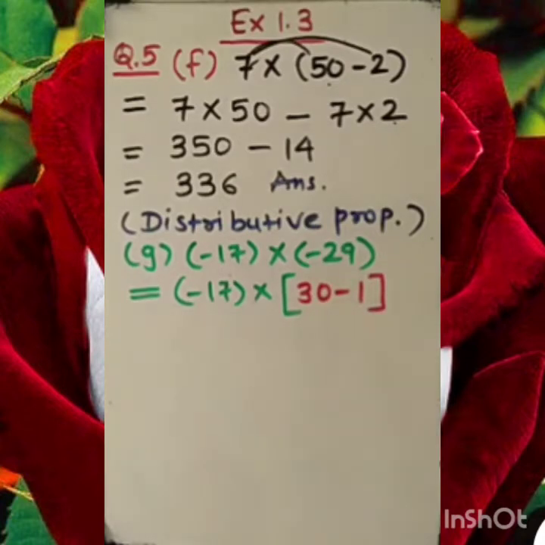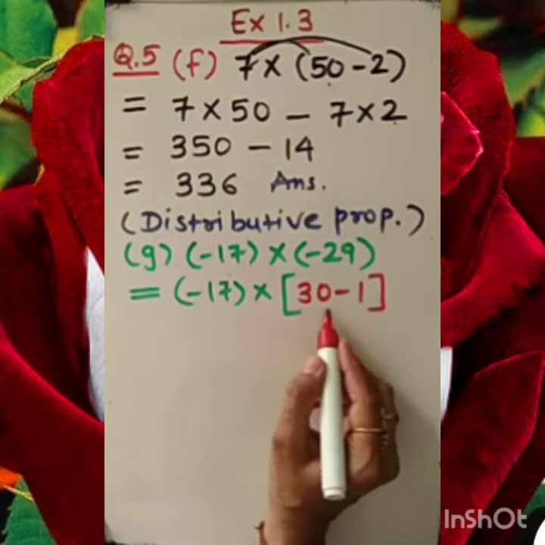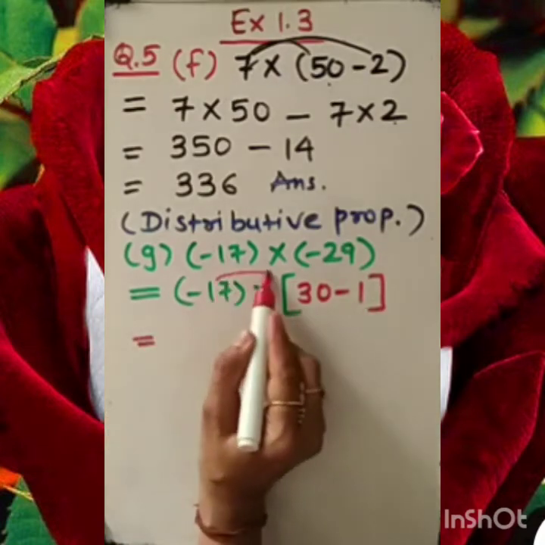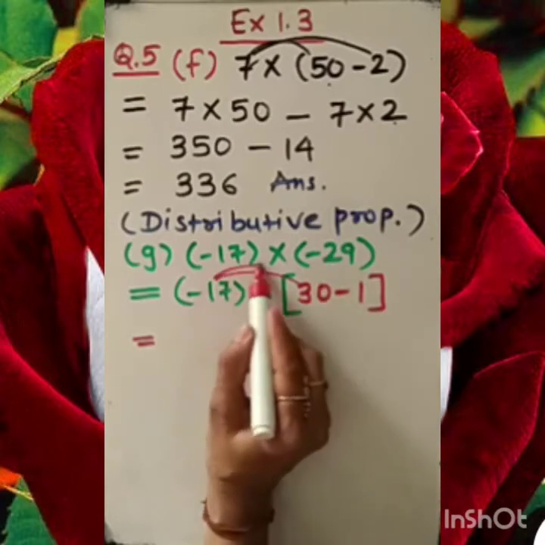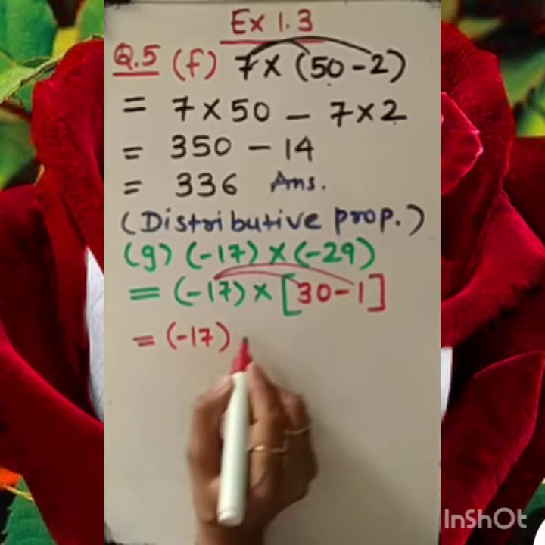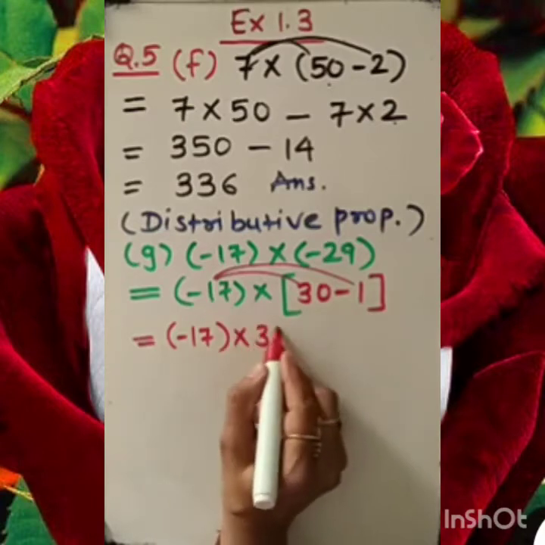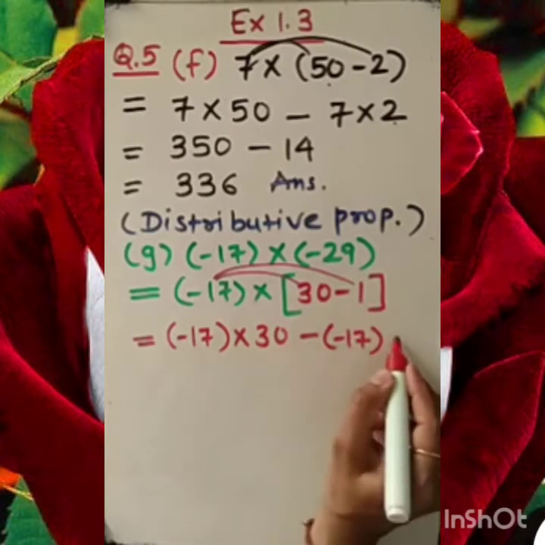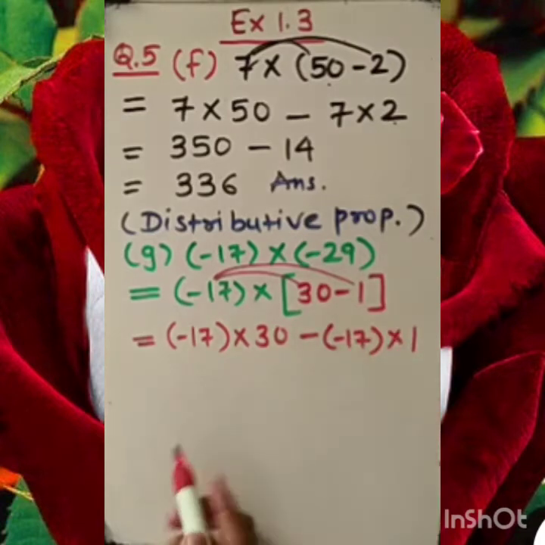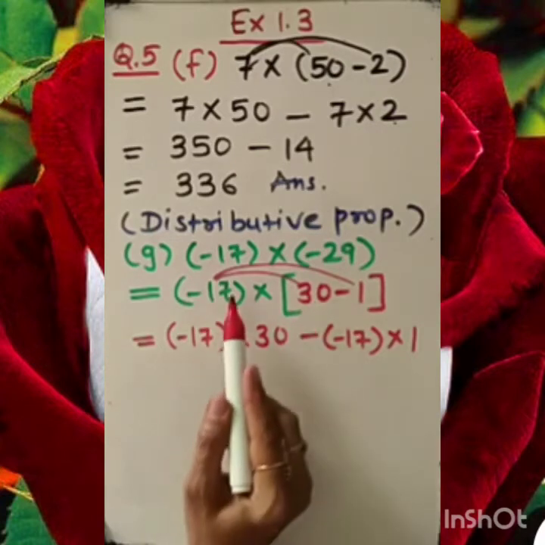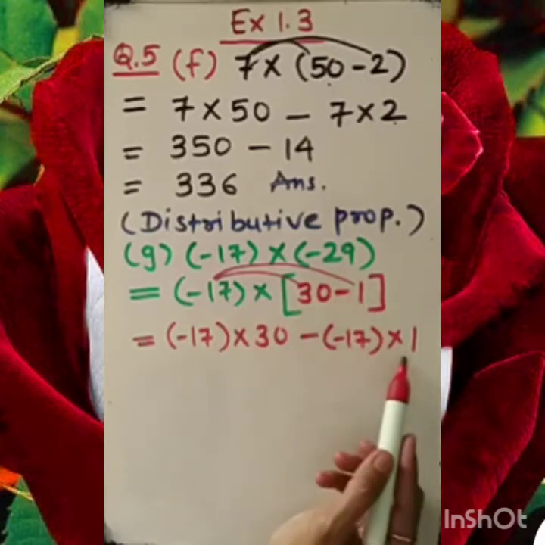We are taking the nearest number in tens, so it is 30 minus 1. Now simple. First we multiply this with this and then this with this. So the next step will be minus 17 into 30 minus 17 into 1. Once again, minus 17 into 30 minus 17 into 1.